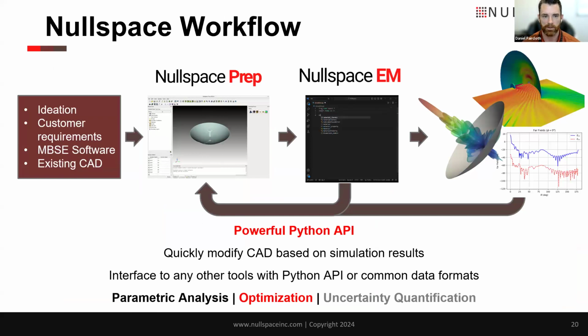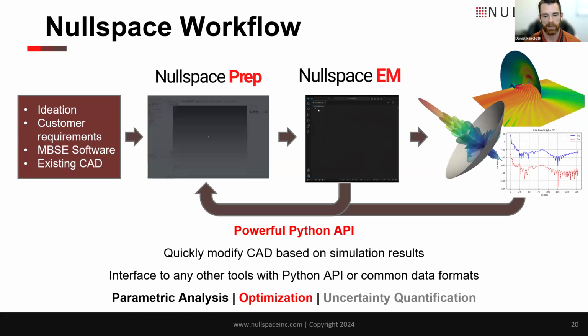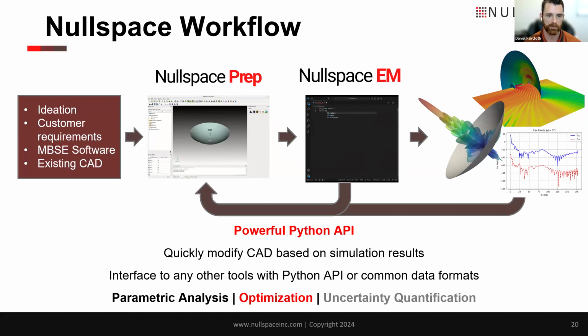So with Nullspace, we have two products, Nullspace Prep and Nullspace EM. And the workflow that you see is fairly typical of any kind of computational physics software package. You, as the user, begin with an idea or some customer requirements or an existing CAD model. You bring that CAD model or create a CAD model in Nullspace Prep that handles the geometry creation and manipulation, CAD cleanup, and preparation for simulation.